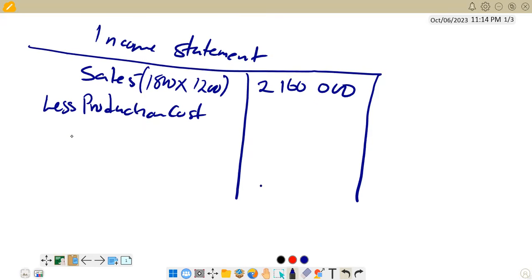So we have direct labor. Sorry, we are supposed to create another column there to put the production cost there. So this one will obviously come.